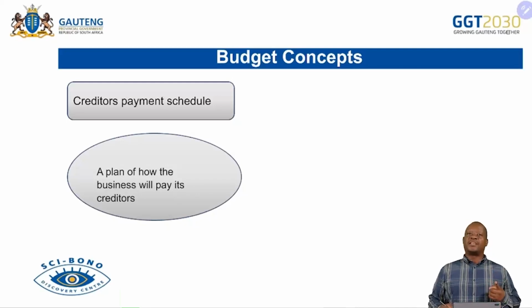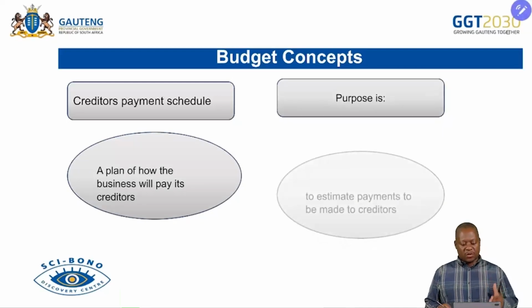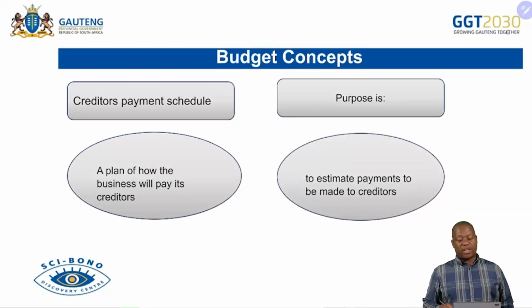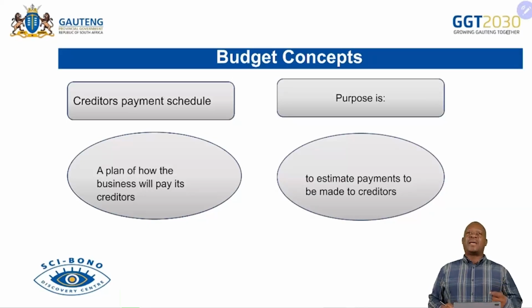So the trick is to go to our creditors, sit them down, and negotiate for a suitable payment period for us so that we can be in a position to pay within the agreed timeframes. So the purpose of our creditors payment schedule is to estimate the payments that we are expected to make to our creditors in months following.